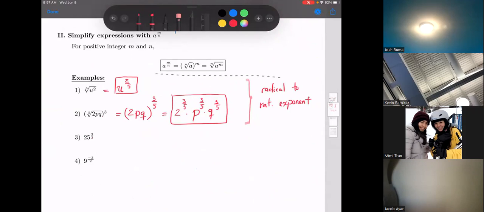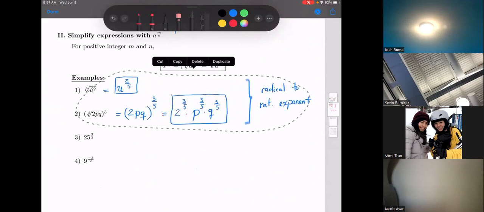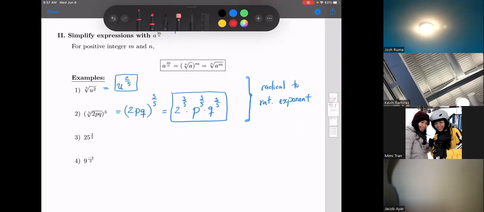I'm gonna use blue. All right, so the last two is rational exponent to radical.